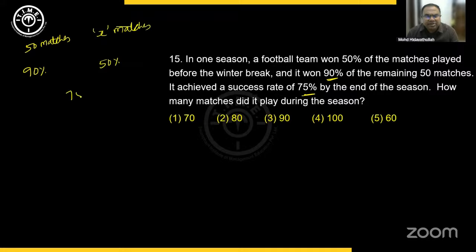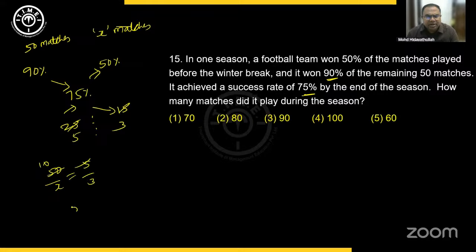Win percentage 75, that's my average. 90 minus 75 is 15. 75 minus 50 is 25. So 5 threes are 15, 5 fives are 25. So 50 by x is equal to 5 by 3. So x is equal to 30. Before the winter break 30, after winter break 50. So total matches have to be 80.